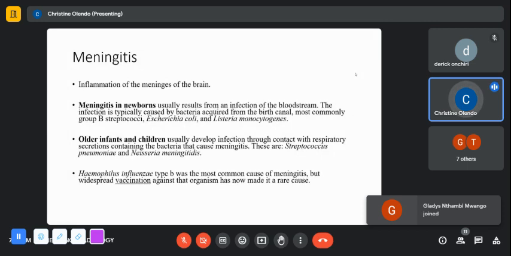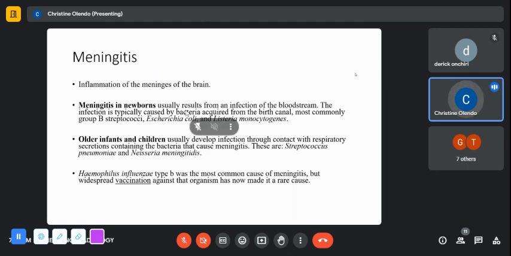So we'll start with meningitis, which is the inflammation of the meninges of the brain. In newborns, it is acquired from infection of the bloodstream. The most common infection is via the birth canal, through group B streptococci, E. coli, and listeria.